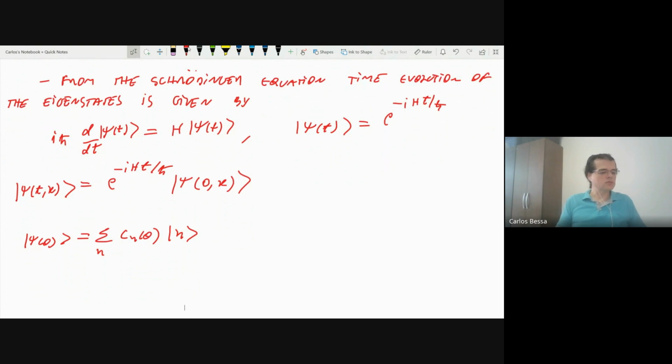Okay, so let's simplify the notation here. So psi of t is just this part, exponential minus i H t over h bar, psi of 0.